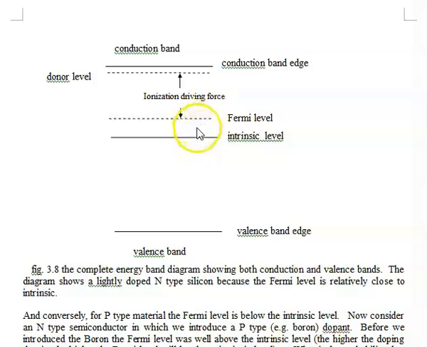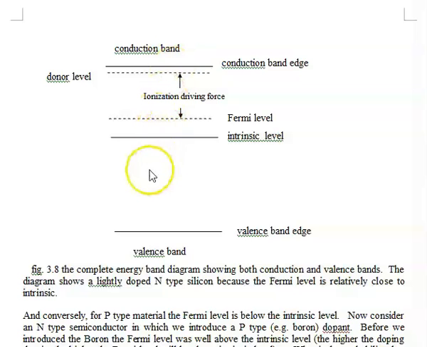If the Fermi level is above intrinsic, it must be N-type. So this material is N-type, and it has a fairly large driving force. So when we put in the next phosphorus atom, the probability is very high that it will give up an electron into the conduction band.